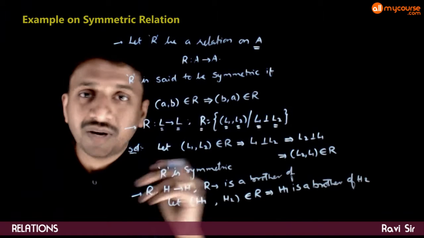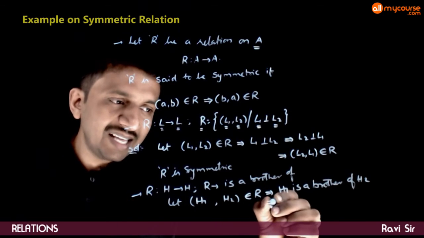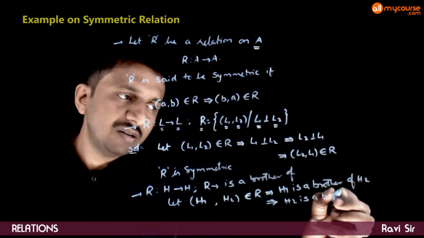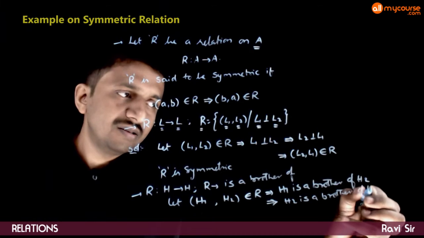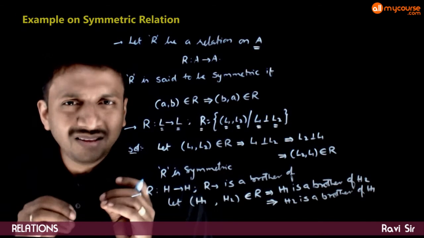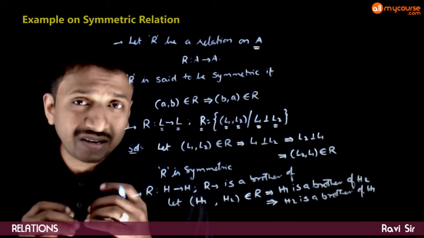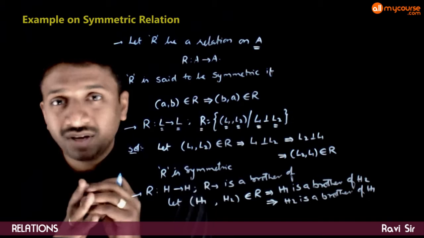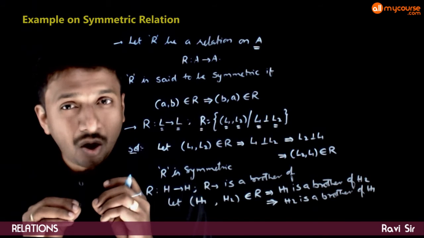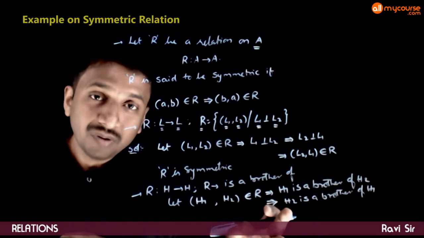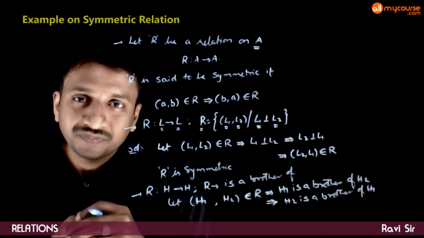So if H1 is a brother of H2, can I say that H2 is a brother of H1? Can I confidently say this? You might think that yes, I can say this, but no. If you look at it carefully, if H1 is a brother of H2, is it always true that H2 is a brother of H1? No, because H2 can also be a sister of H1.